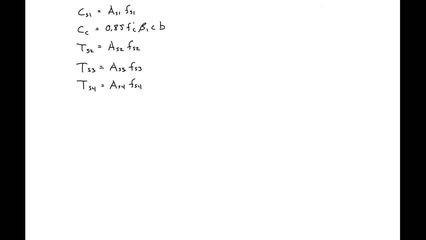Next, what we'll do is we'll use all the stresses that we calculated and our C to find all of our forces. So the force component in our top layer of steel is our total area of steel times the stress in that layer of steel, 43.5 KSI. We saw it was in compression, which is why I have a compression out front. So this will be 174 kips.